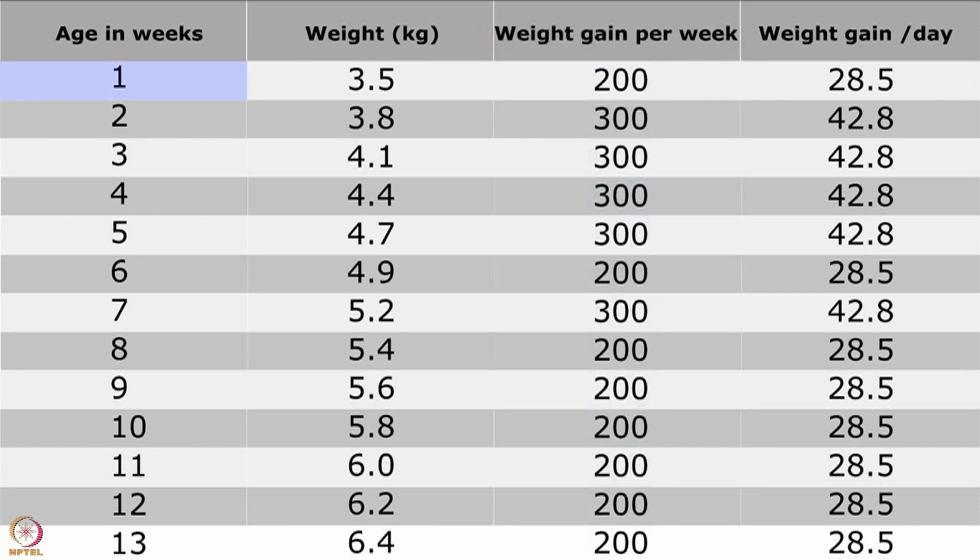In the first week, the weight gain is 28.5 grams per day. Total weight gain in the first week is 200 grams. In the 5th week, the weight gain is 42.8 grams per day. Total weight gain in the 5th week is 300 grams.